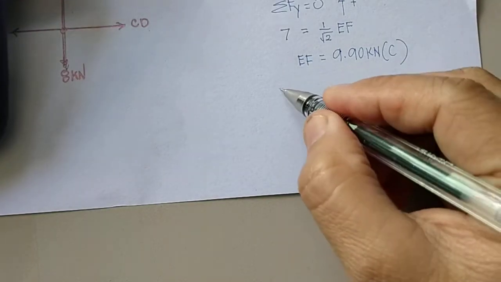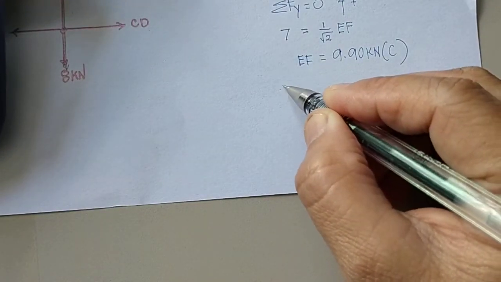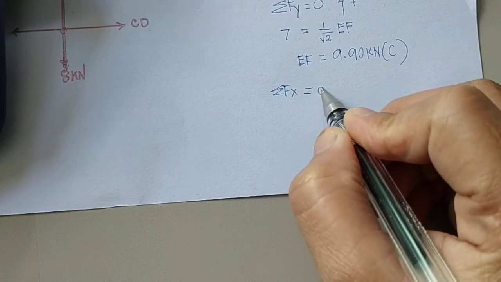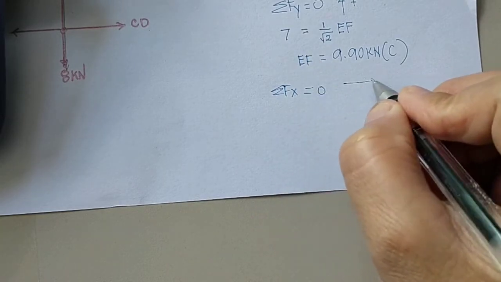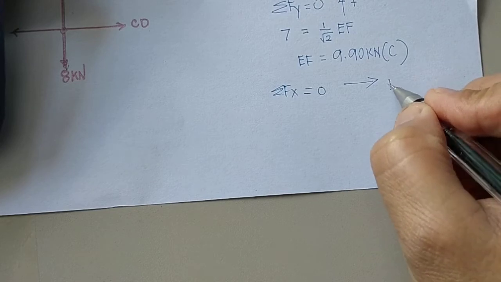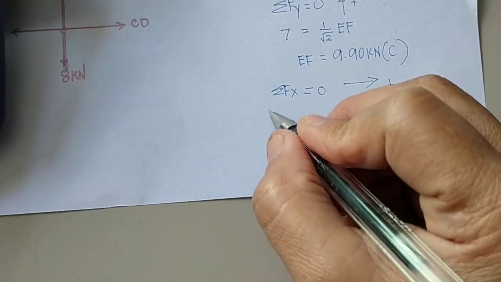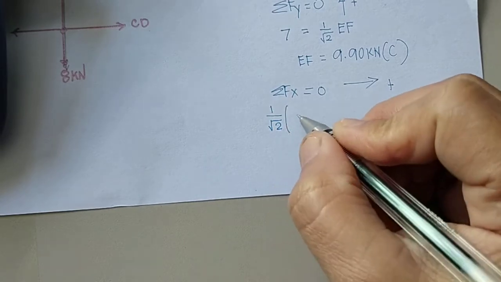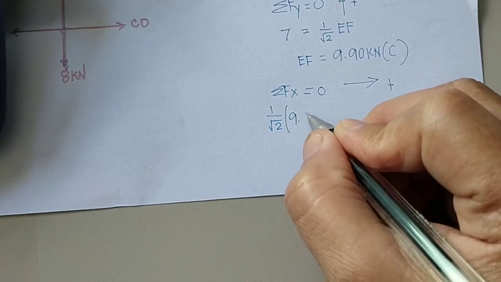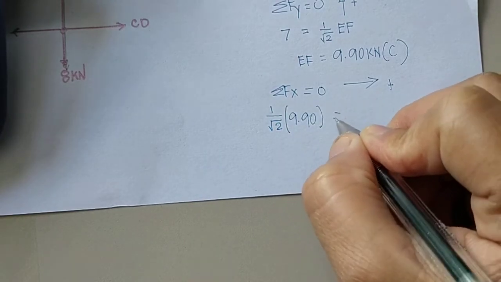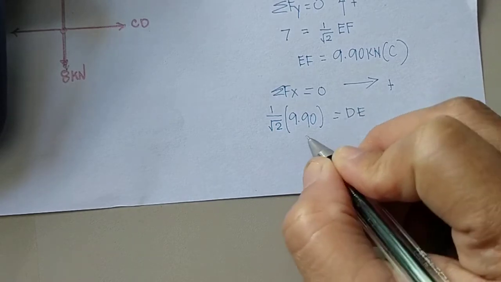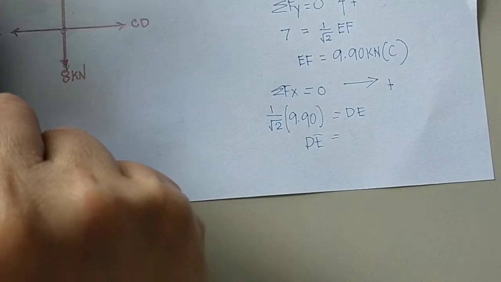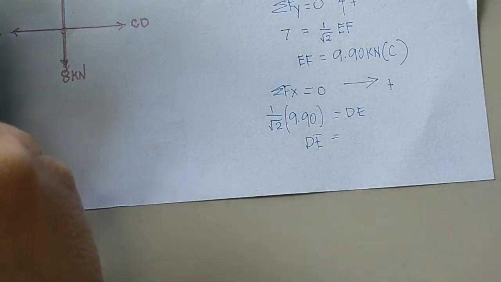And for member DE, summation of force along the x-axis equals 0. Going to the right should be positive. So 1 over square root of 2 multiplied by EF, which is 9.90, is equal to DE. Therefore the value of DE is 9.90 over square root of 2.